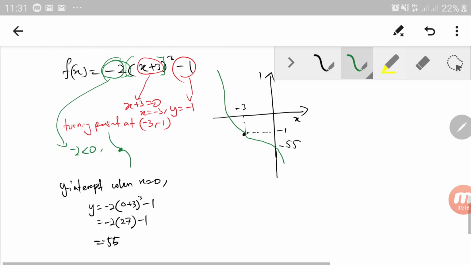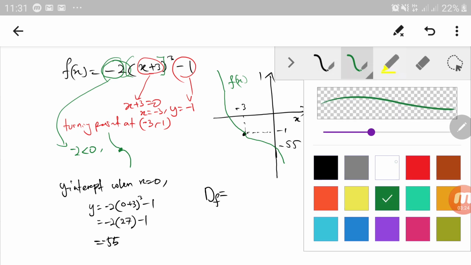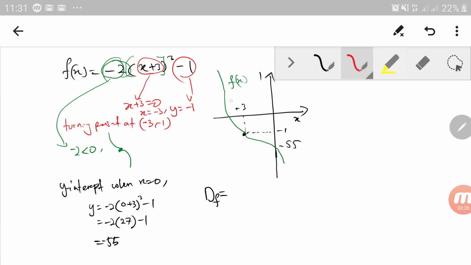So this is our function f(x). Now, what is the domain and range? The domain of f is all possible x values. If we have a vertical line and move it from left to right, as you can see, the red vertical line always touches the function.